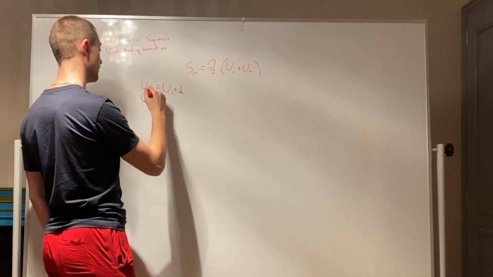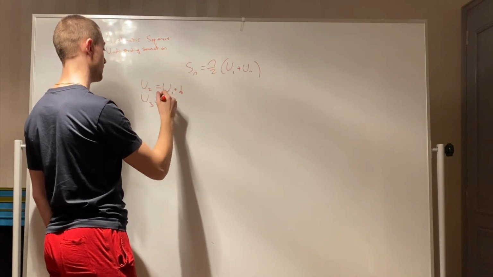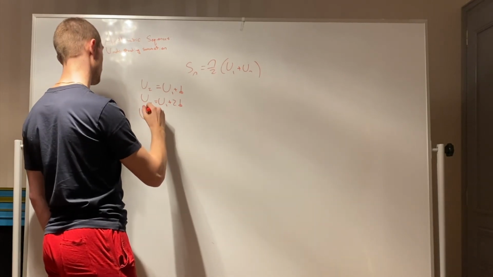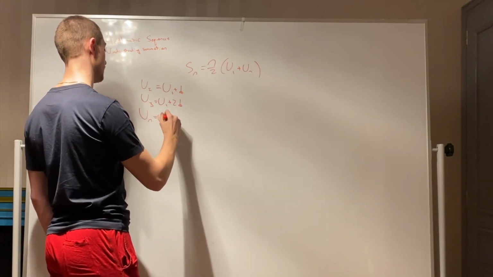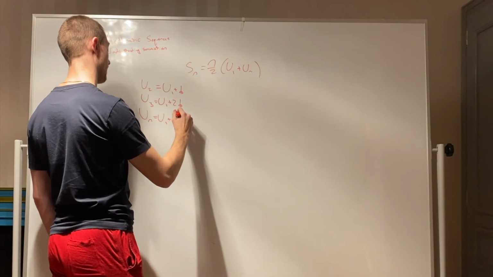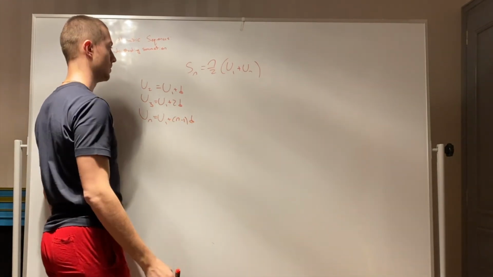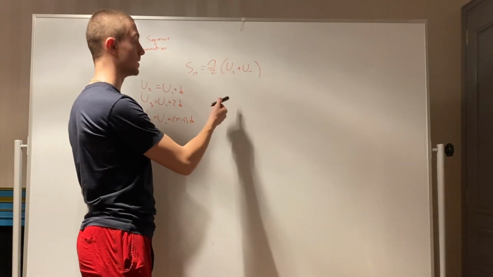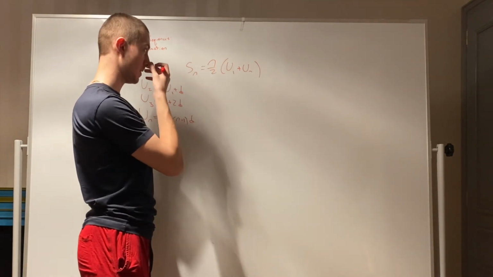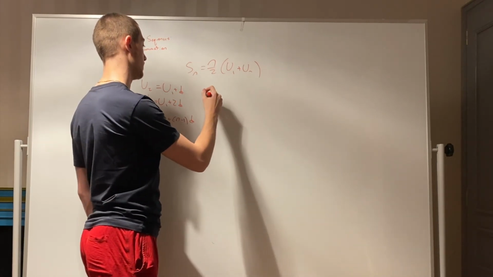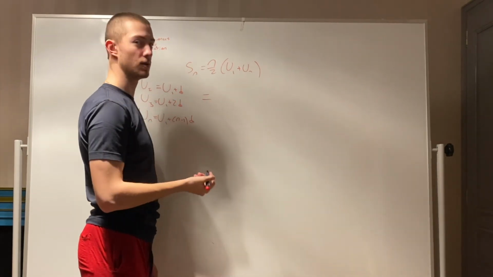If I want to write u3, then my first term plus 2d, and so on. So if I want to write un, that's u1 plus n minus 1 times d. Which is why sometimes you're also going to see this written in a different way. And in the IB formula booklet, I'm pretty sure it's written in both ways. So you can choose which one to use based on which information you have.